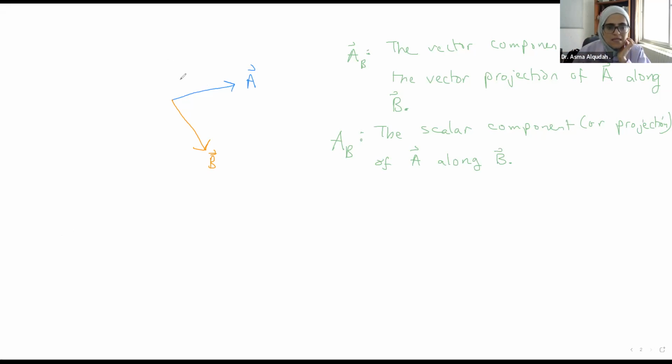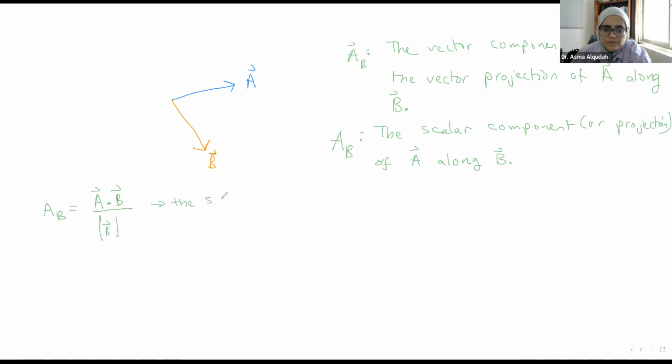With these two vectors A and B, let's find the scalar projection of A along B. A sub B should be equal to the vector A dot the vector B divided by what? By the magnitude of vector B. This should give me the scalar projection of A along B.